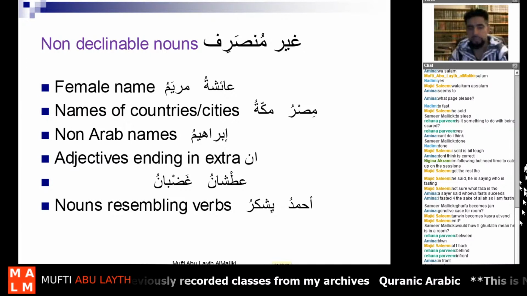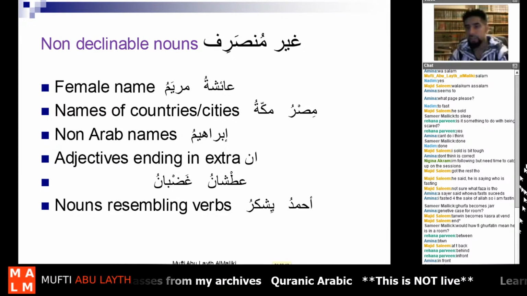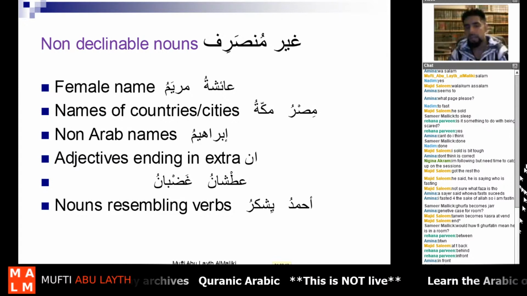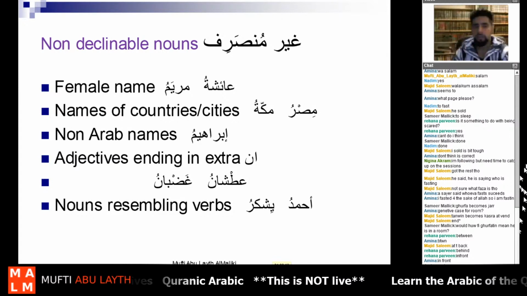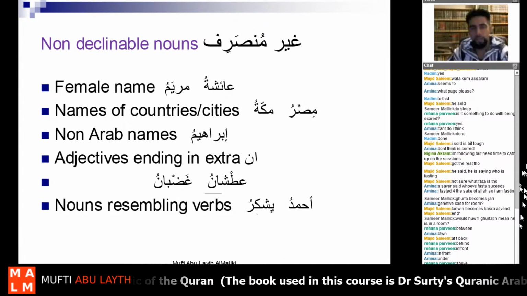Ibrahim is not an Arabic pattern. So it's just like Ismail, Ishaq, many of these names that we hear in the Quran, Musa, Isa, Adam. These were not originally Arabic names.